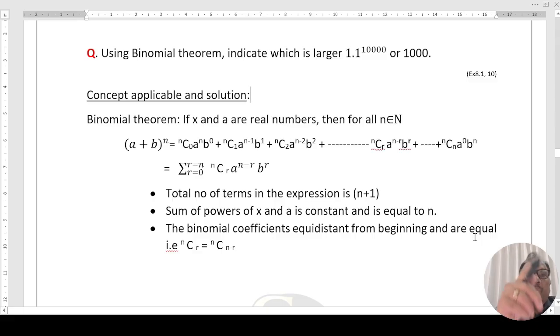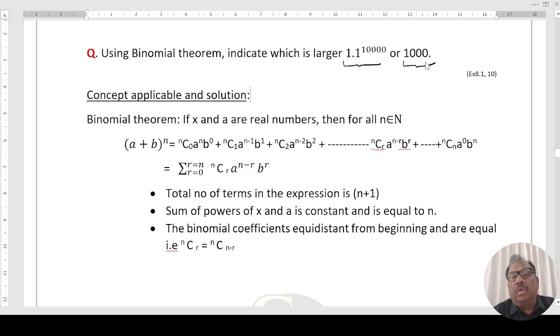Question is, using binomial theorem, indicate which is larger, 1.1 की power 10,000 or 1,000, which is greater. We have to use the concept of binomial theorem to decide which is greater. Concept applicable and solutions.